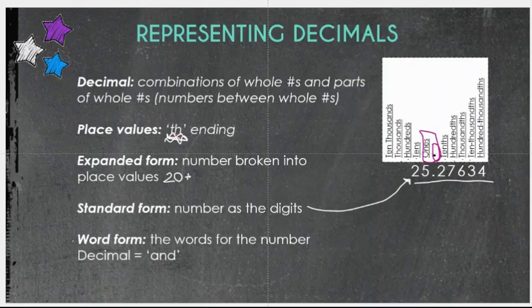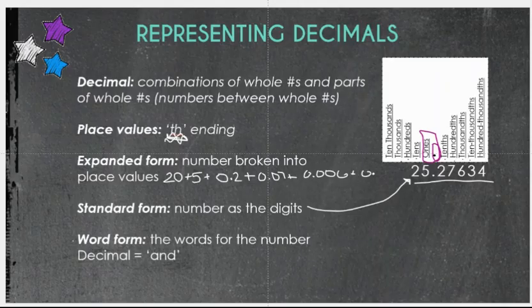It would be 20 plus 5 plus 2 tenths, and we will write that as 0.2 plus 7 hundredths, 0.07 plus 6 thousandths. And the zeros replace all the other place values that we are not using in that particular place value. And then we've got the 10 thousandths.